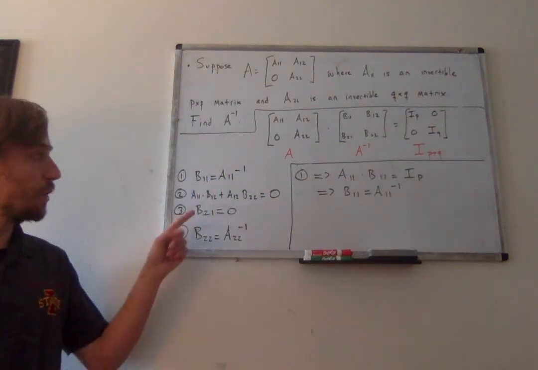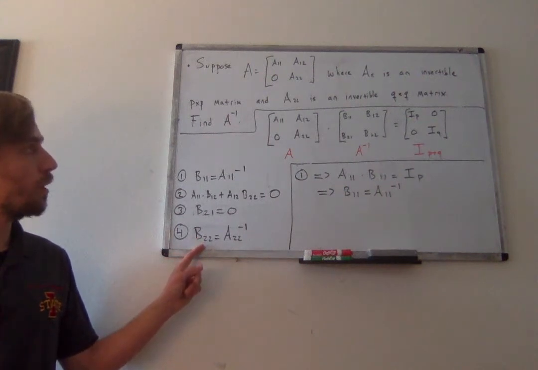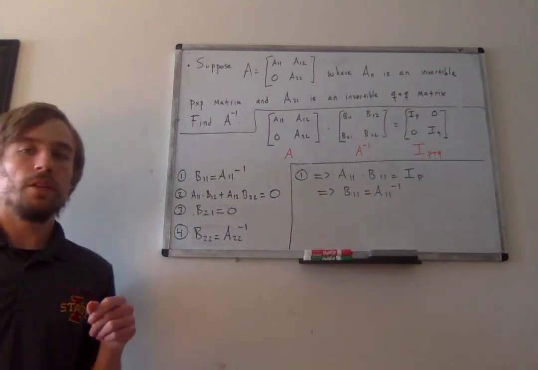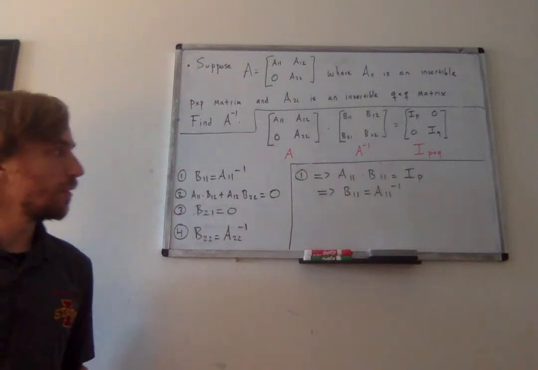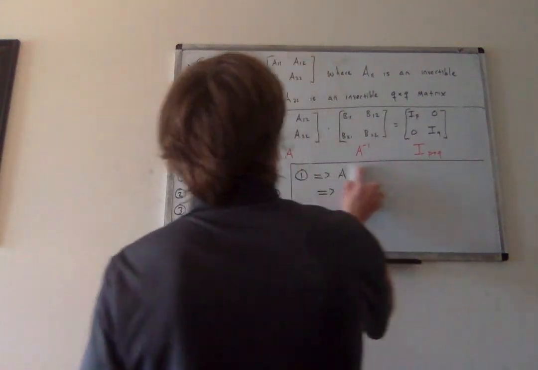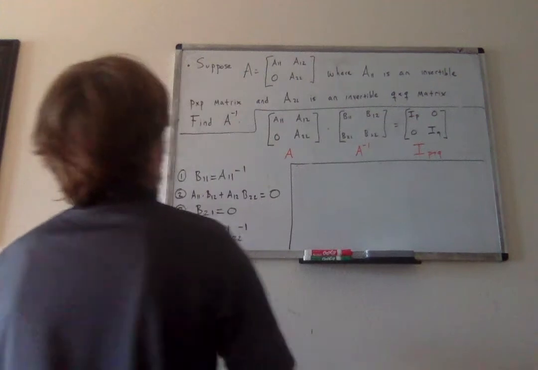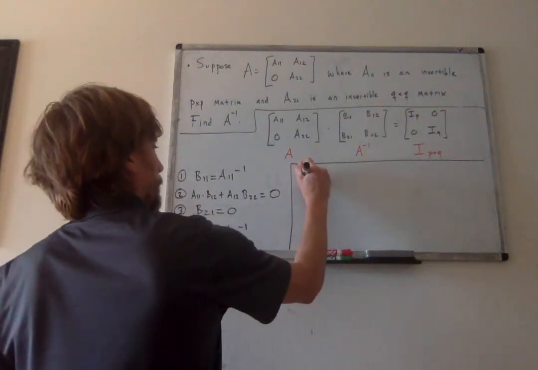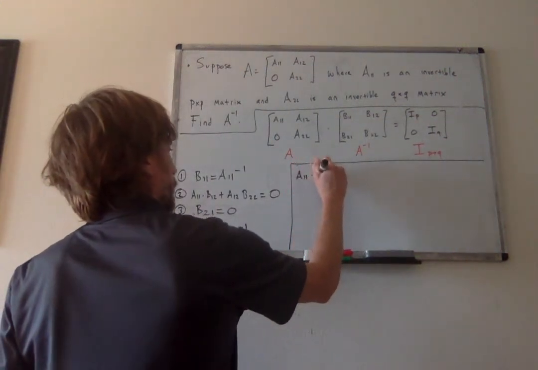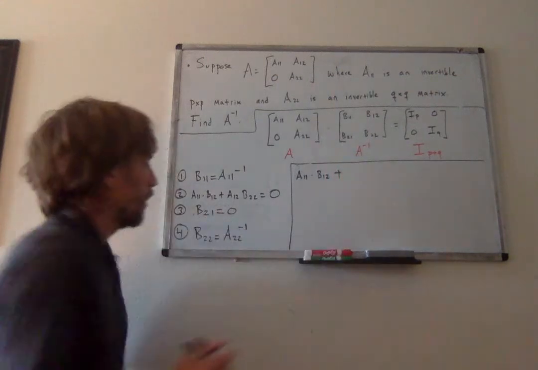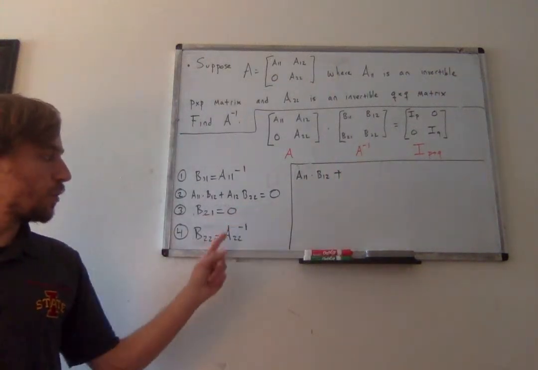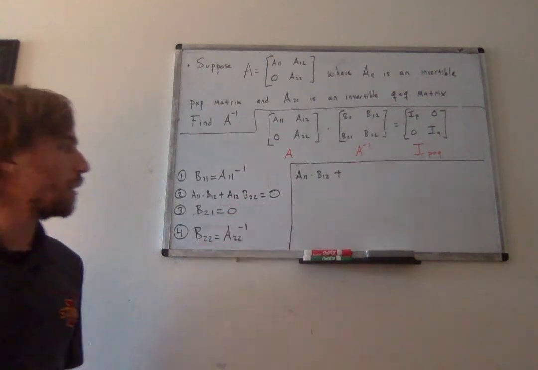And so last thing I'm going to do, well, I need to solve for B12. This is not going to be quite as nice as the others. Well, so remember we know that B22 is equal to A22 inverse, so I can plug it in immediately.